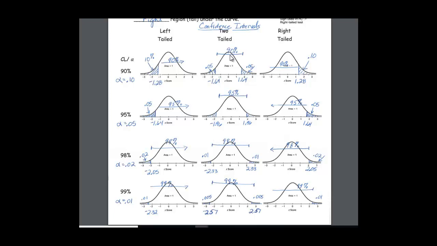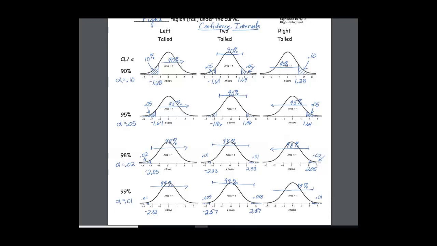And that 10%, our alpha, is split between these two tails. So if we get a test statistic that correlates with a z-score out here in the tails, that's going to tell us that we have significant results. If we get a z-score from our test statistic that falls inside here, that is going to be normal. That's what we're testing for.